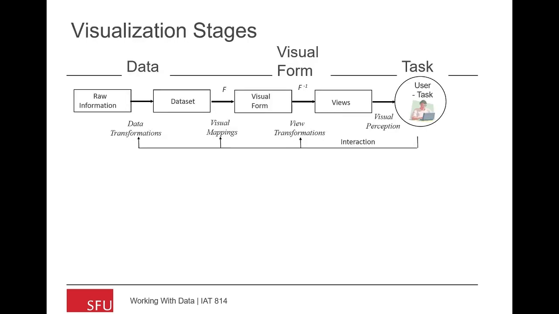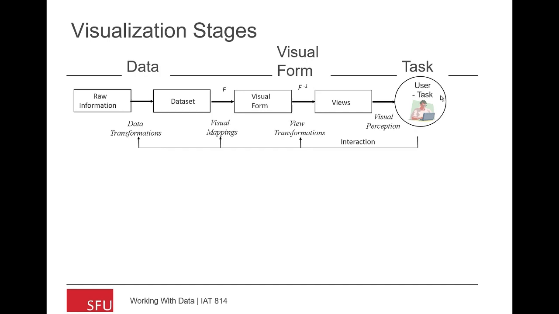So when we're building a visualization system or using a visualization system, we typically see that systems are constructed as a sequence of stages. Over here on the left is raw information, and over here on the right is views. All the stuff in boxes are things that the machine is doing.